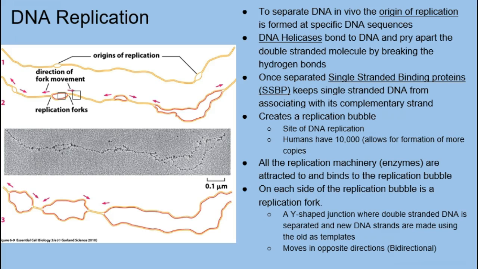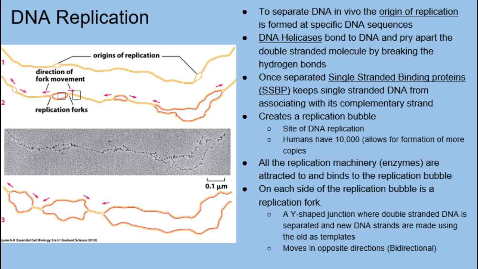To separate DNA in vivo, the origin of replication is formed at specific DNA sequences. DNA helicases are bound to DNA, and they pry apart the double-stranded molecule by breaking the hydrogen bonds. Once separated, the single-stranded binding proteins keep the newly separated single-stranded DNAs separate from each other so that they don't reattach.